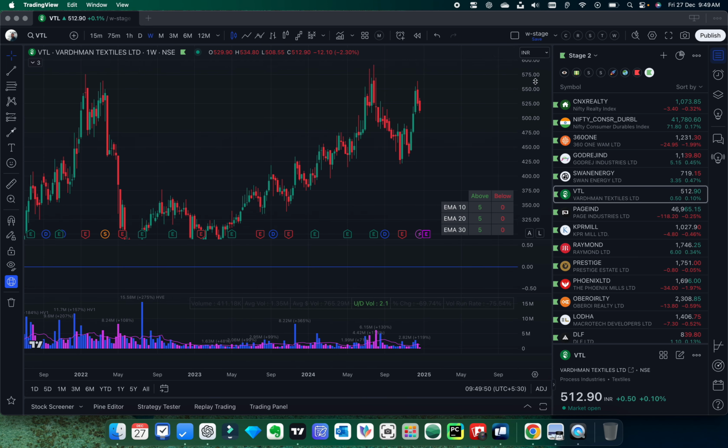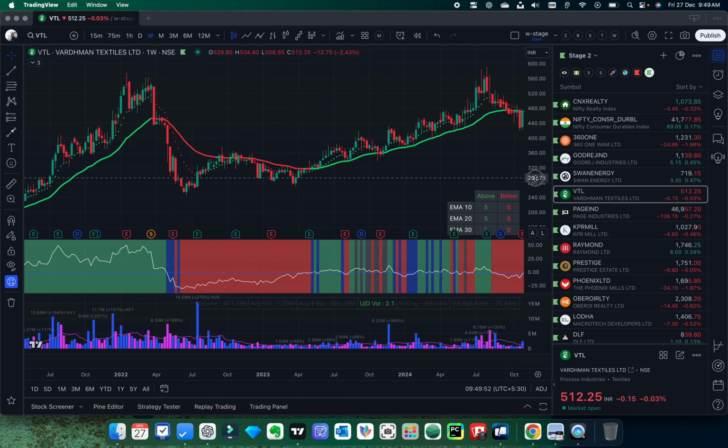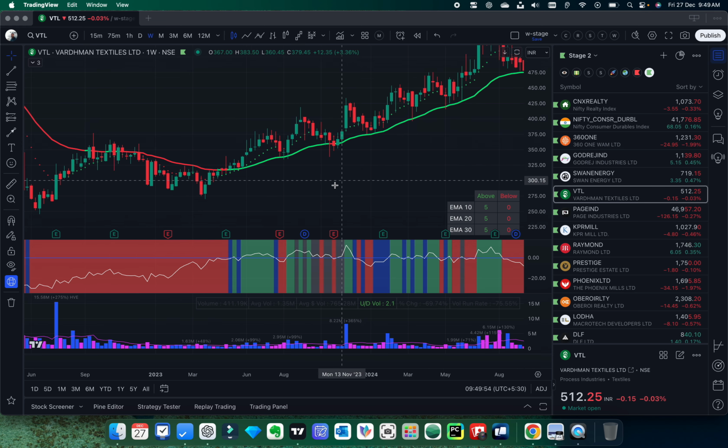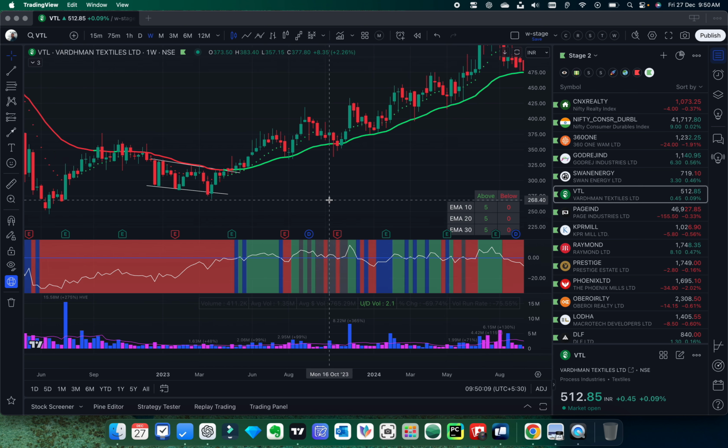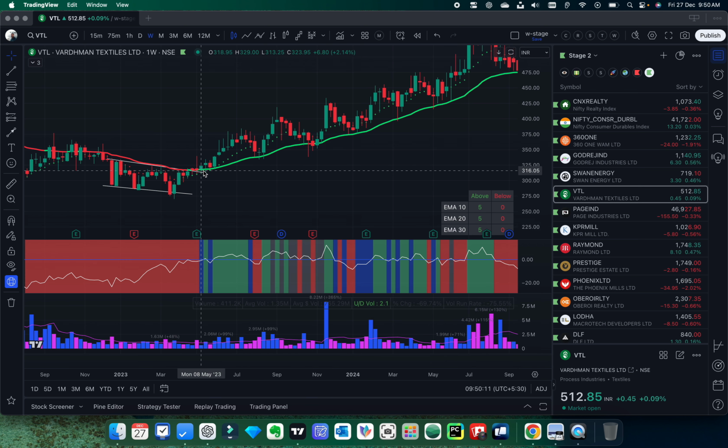VTL, the next stock, let us see. You see the base area is here, and then a breakout of this area, and on the breakout candles the volume has started picking up.